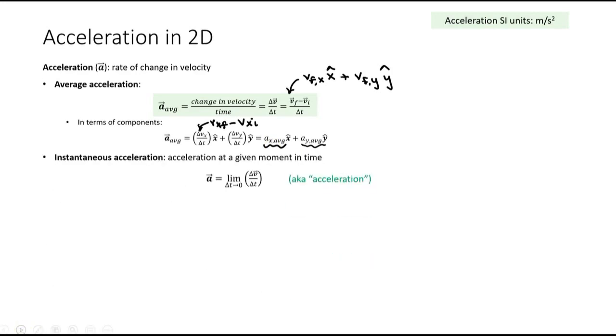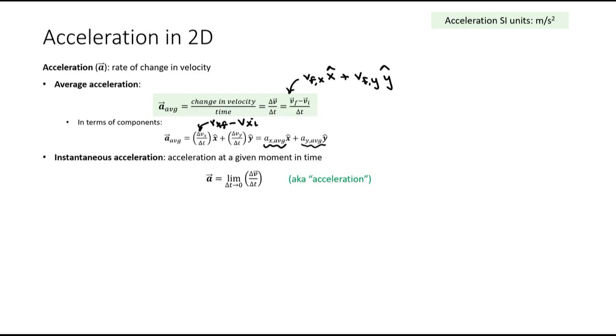Okay, then we can also think about instantaneous acceleration, which is really just the acceleration at a given moment in time. We define this by just making sure that the amount of time delta t that's in our denominator here, we let it be vanishingly small, so that delta t is like one moment in time. All right, and then just like how we call instantaneous velocity, we refer to that as just velocity.